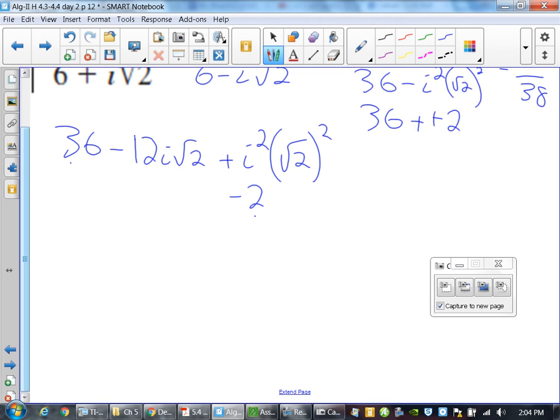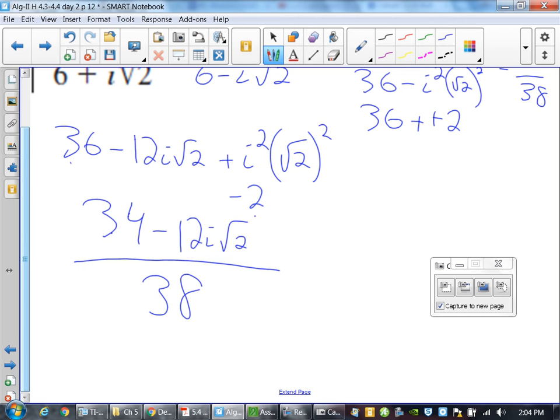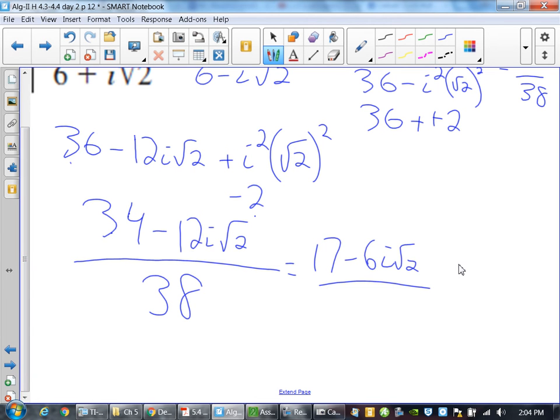Combining my like terms, I get 34 minus 12i root 2, all over 38. All three of these have something in common: they're all divisible by 2. So you can simplify everything by 2, and you get 17 minus 6i root 2 all over 19. And you call it a day.